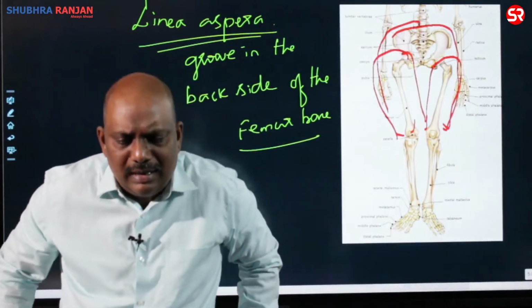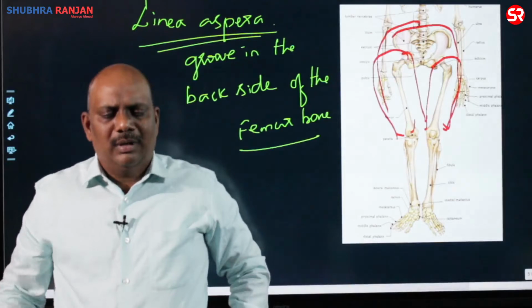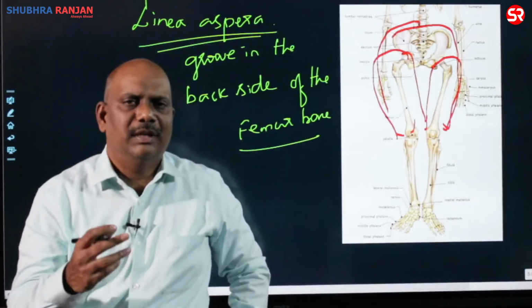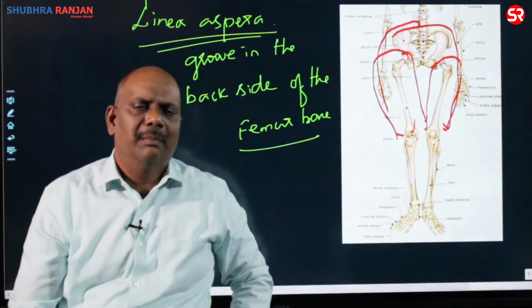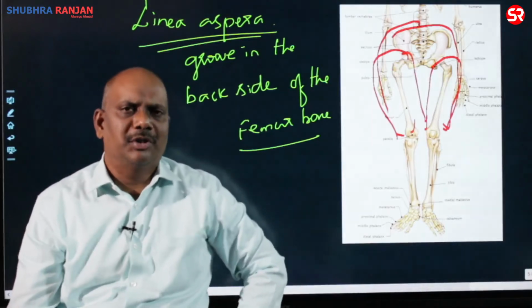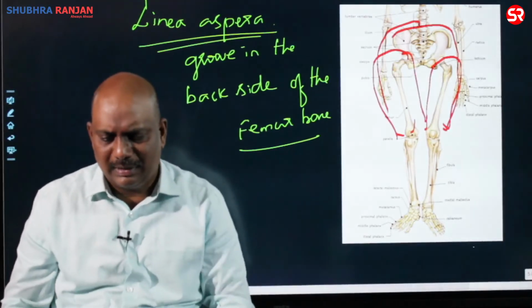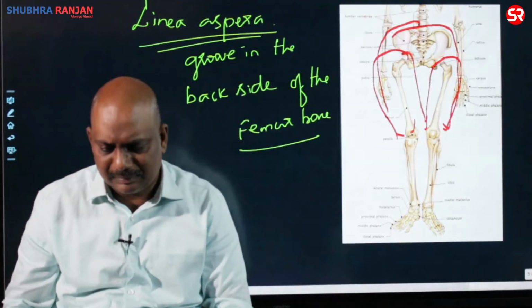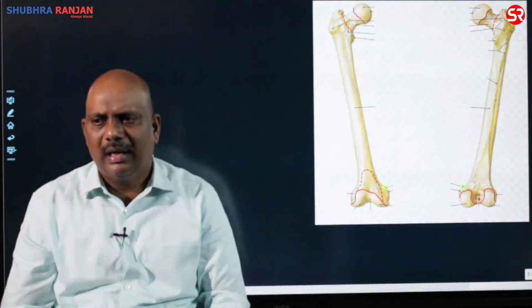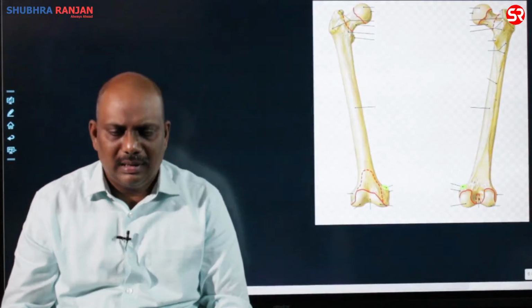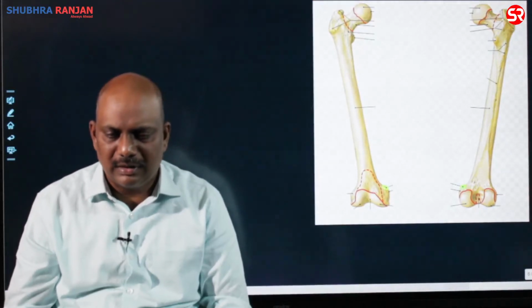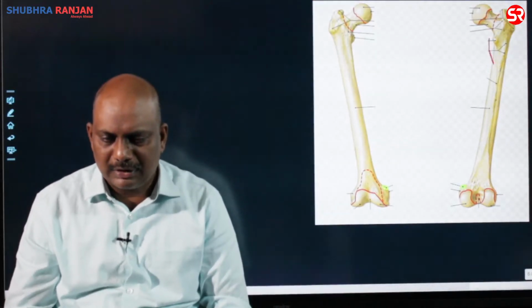The linea aspera is present only in human beings because we have a bipedal locomotion with an erect posture. This linea aspera is also present in Australopithecus. See here, this is a femur bone. In this bone, can you see this groove? It starts here and it runs in the middle and again it extends.